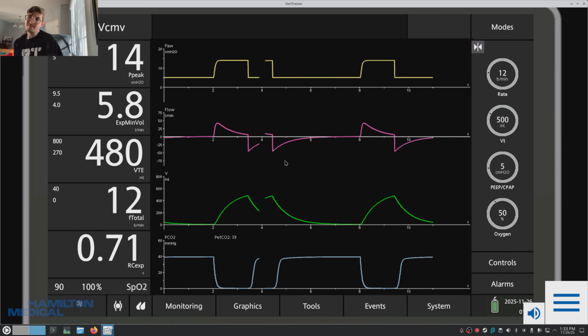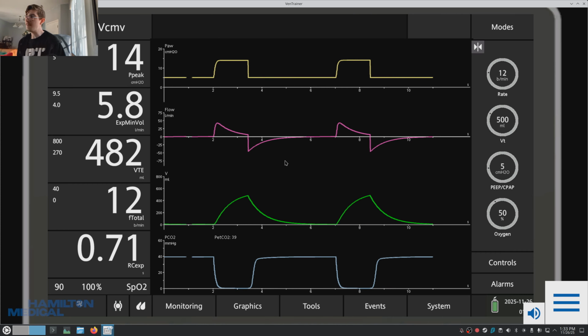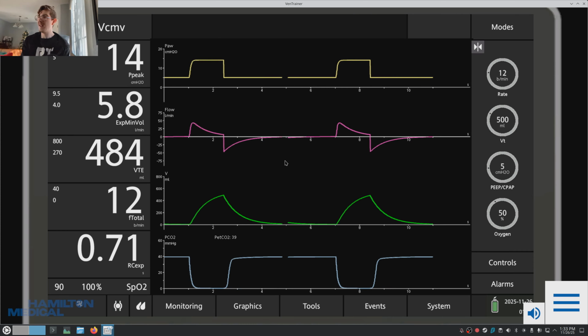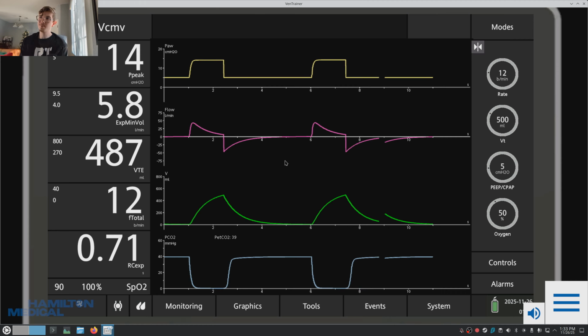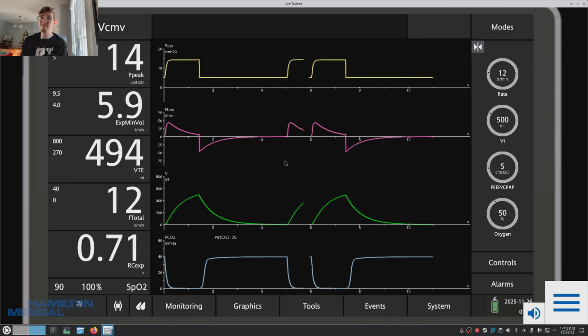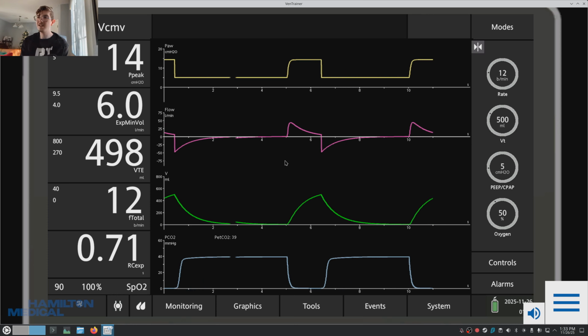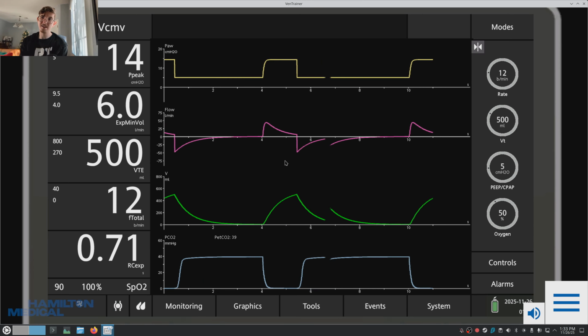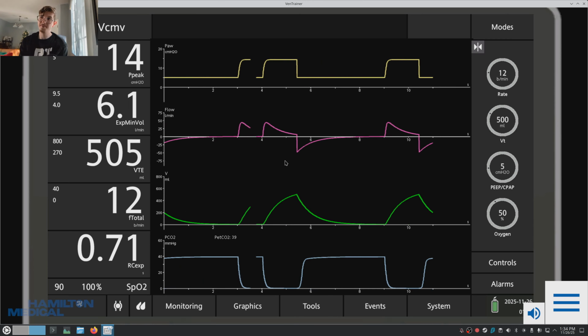And there might be some scenarios where that is actually beneficial. Maybe you have a patient who likes pressure controlled breaths more than volume controlled breaths, but maybe they're in a really severe metabolic acidosis or something, and you want to give them a guaranteed minute ventilation.